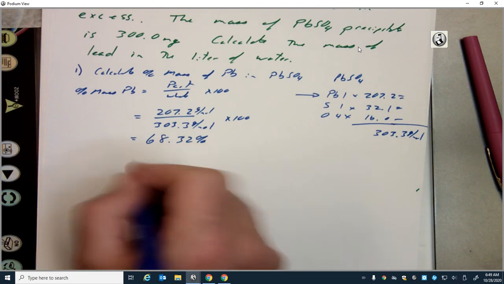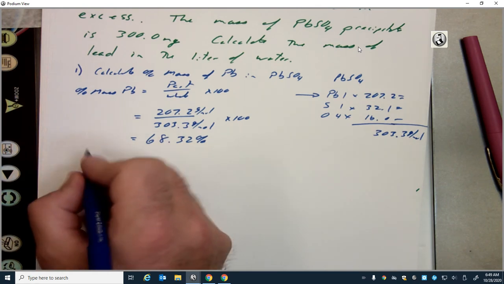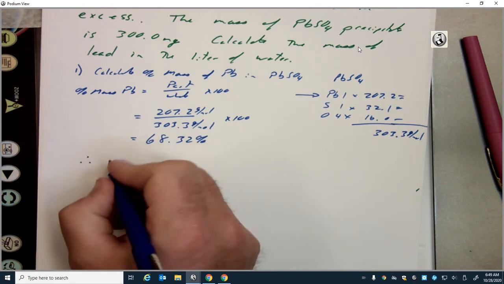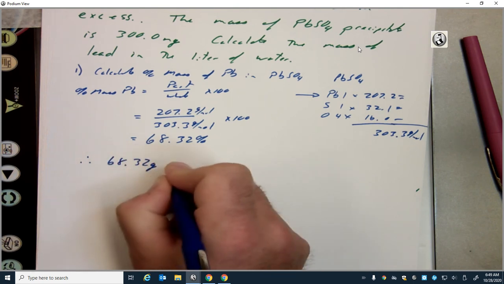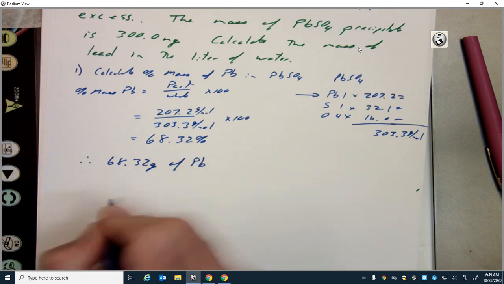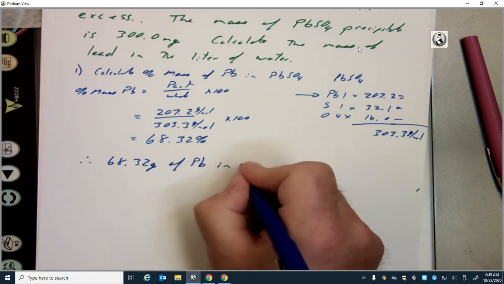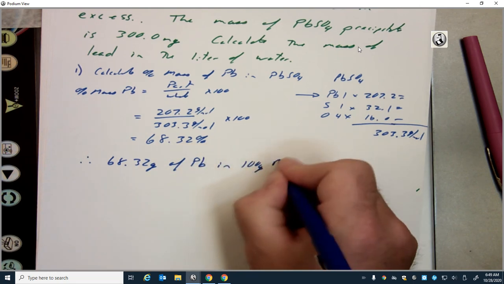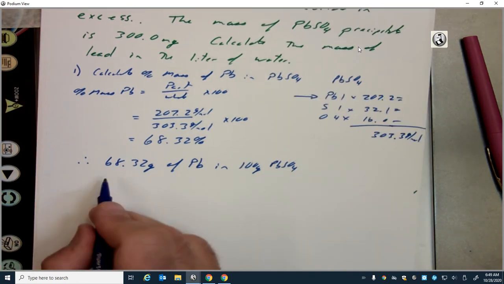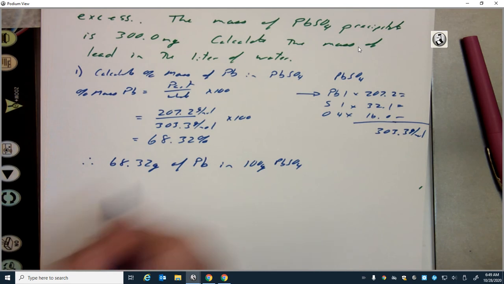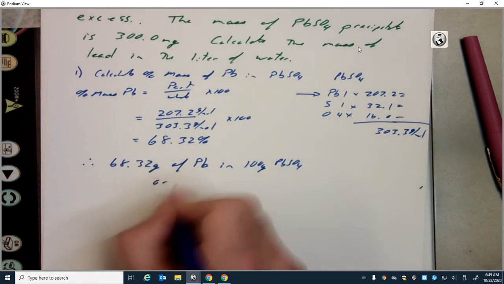This is just making it easy. 68.32 grams of lead are in 100 grams of PbSO4. Right? Can I make that assumption? Sure, because it's 68.32%.